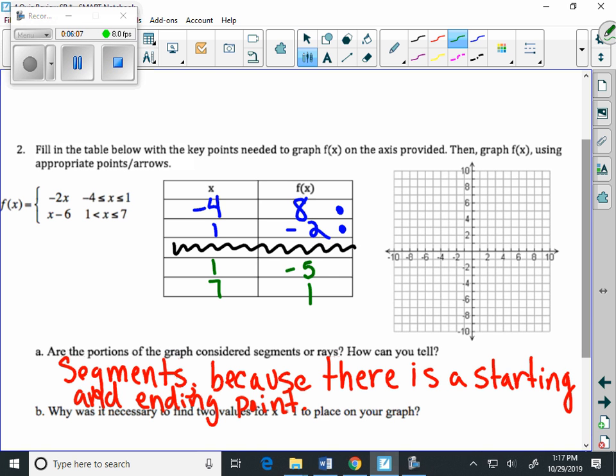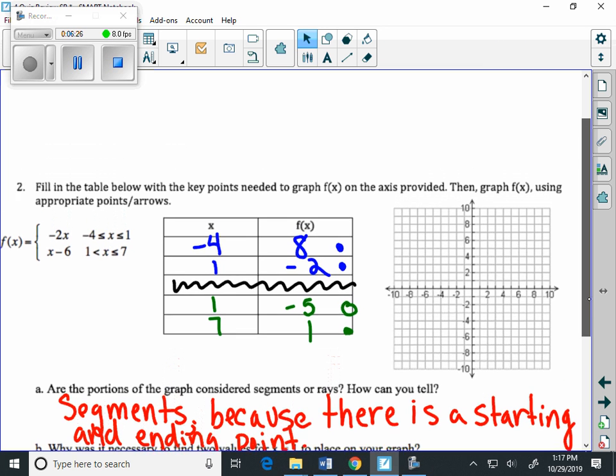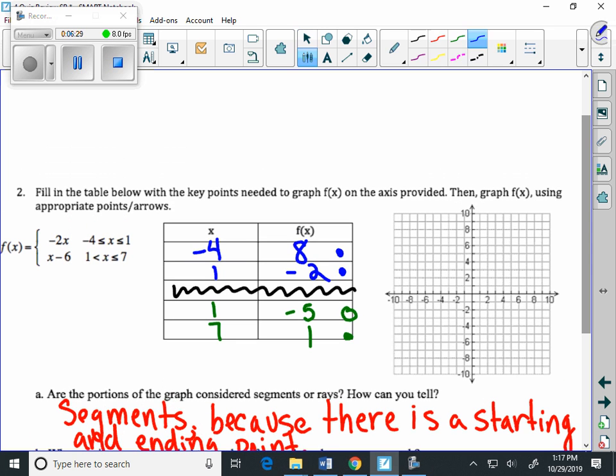When we switch over to the green, it says 1 is less than x is less than or equal to 7. 1 doesn't have an equal, so it's going to have an open circle. But 7 has x is less than or equal to, so it's going to have a solid dot. So we come over here, and we're going to draw in our picture.